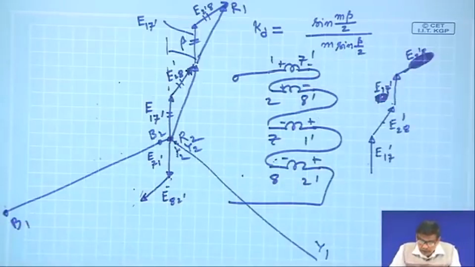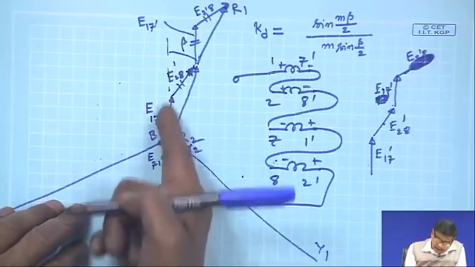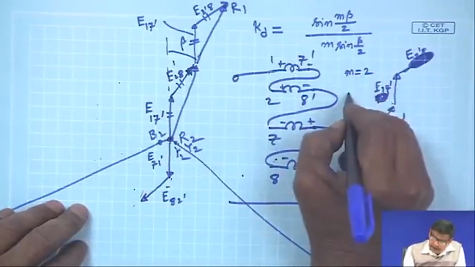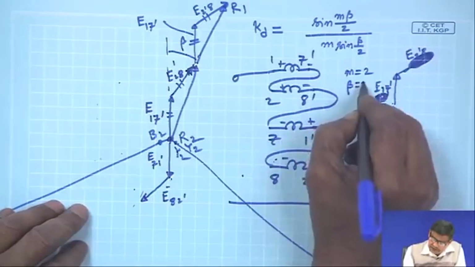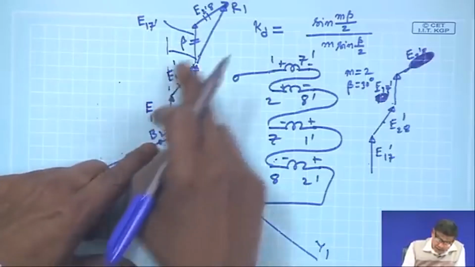Question is, what should be the value of m I should take? Value of m, you go to a group, it is 2, m is 2, beta is of course 30 degree electrical, that is all. Of course, you can take m equal to 4, then 2, that 2 cancels out.